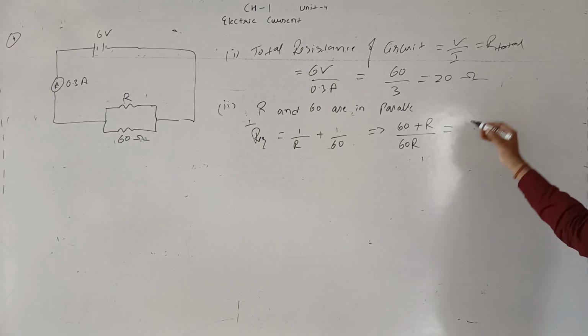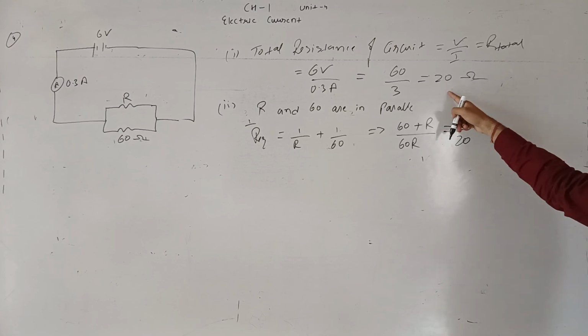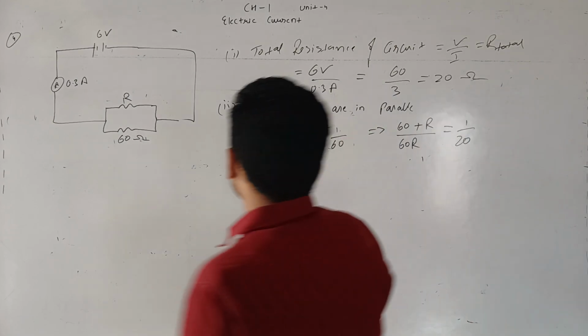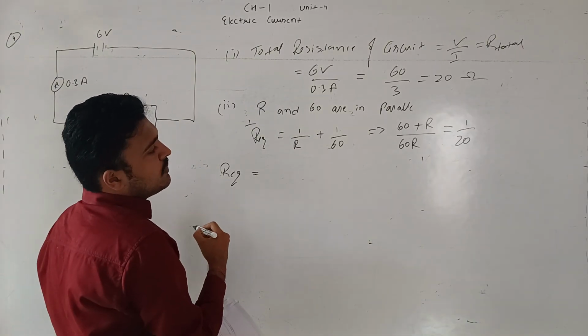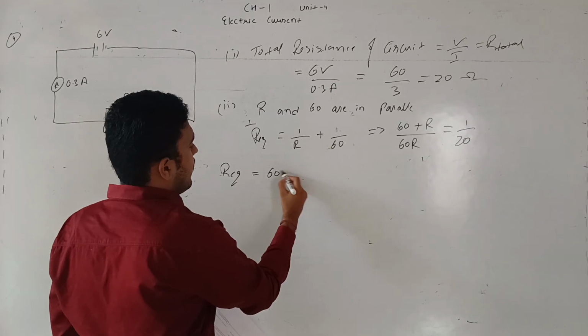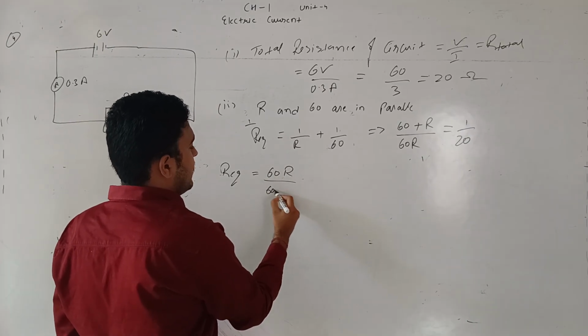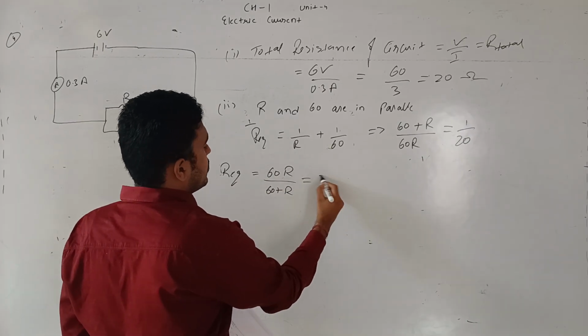This is given as 1 by 20, because R equivalent is 20. So R equivalent comes out to be 60R divided by (60 plus R), which is equal to 20.